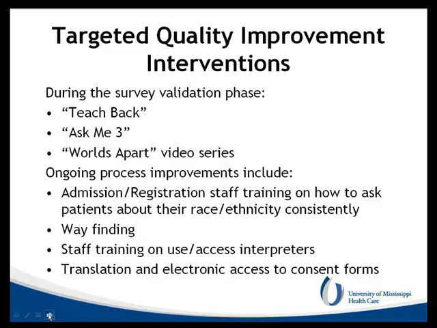We asked staff in our ED rapid track area to use the teach-back method, and we also asked our inpatient cardiology floor to use the Ask Me 3 method. Between the 2008 survey results and the 2009 results, in the domain of health literacy, we saw an improvement in our scores. Another intervention used was the Worlds Apart video by Fanlight Productions, followed by a directed group discussion.